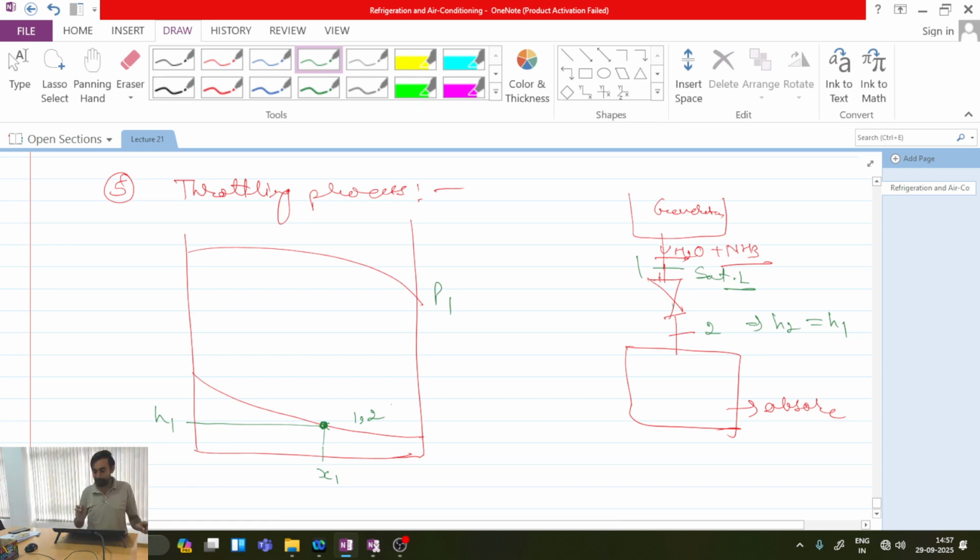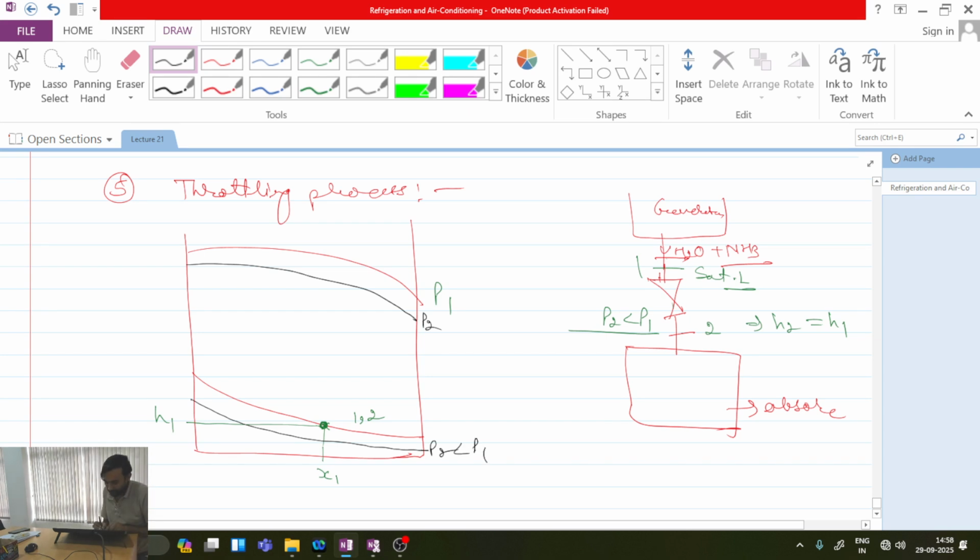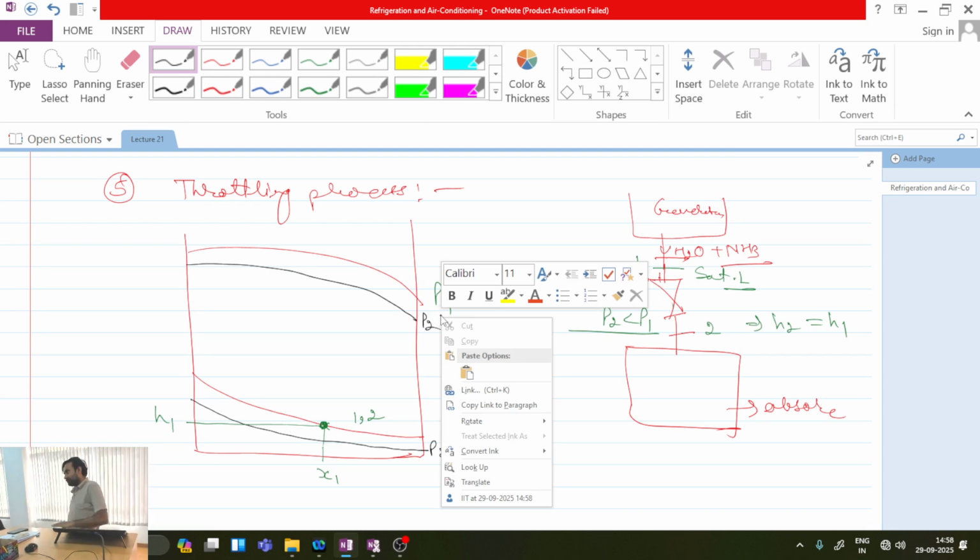However, one interesting point you have to note: at point 2 the pressure is P2, which is less than P1. So for pressure P2 I will have separate saturated liquid and saturated vapor lines, which will be slightly downward. So this is for P2, this is for P2. Now with reference to P2, point 2 is on which line? Because the pressure is less, but can it go above P2?